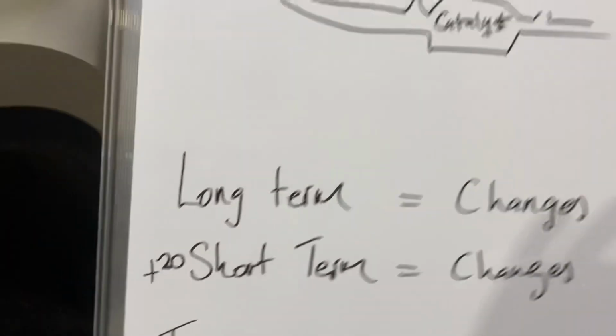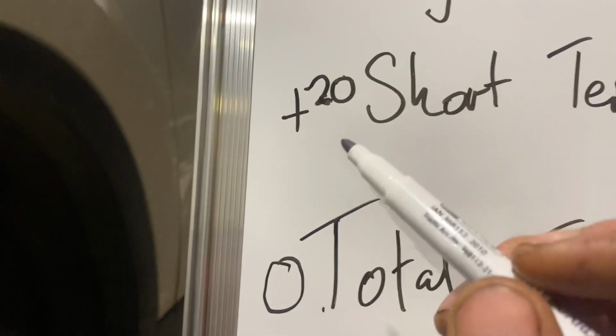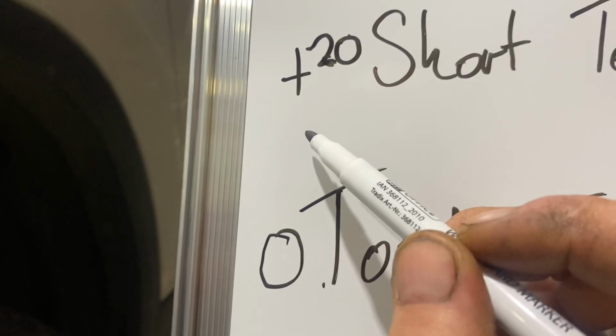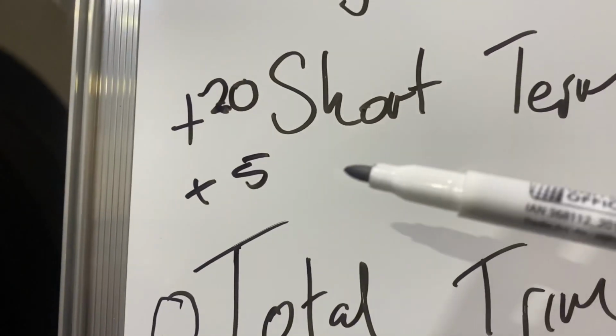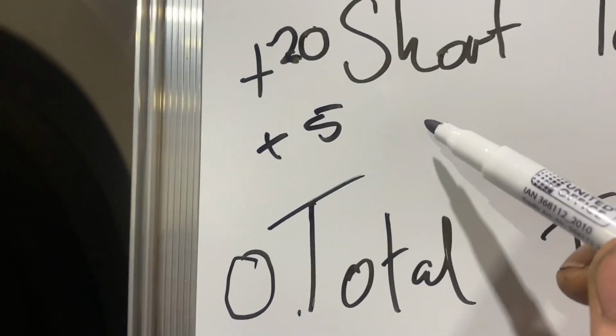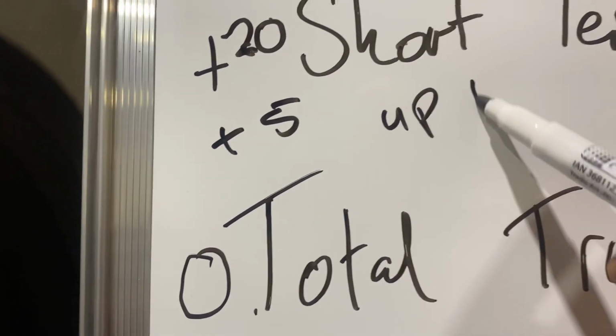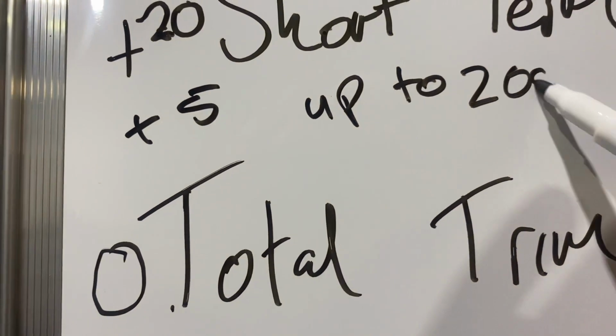So we will see this plus 20 fuel trim go down maybe to plus 5 when we bring the engine revs up to 2000 or so.